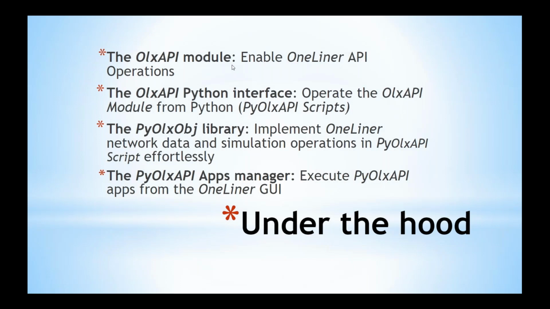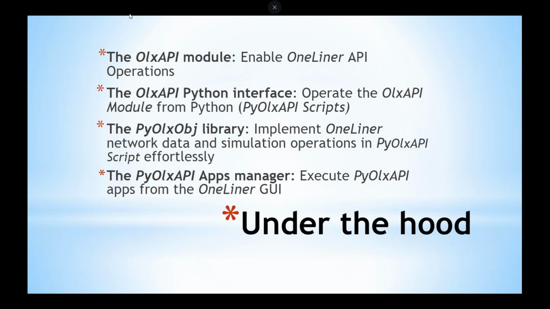And lastly, all those Python scripts are command line. Basically, you run it as a script outside in Windows. You don't need to start OneLiner to do that. But if you want your script to have some interaction with the OneLiner network that you have open in the GUI, there's a way to do that. We're not going to show that in depth today, but you will see how it can be done.